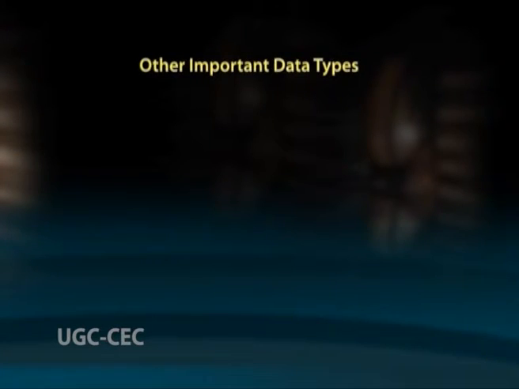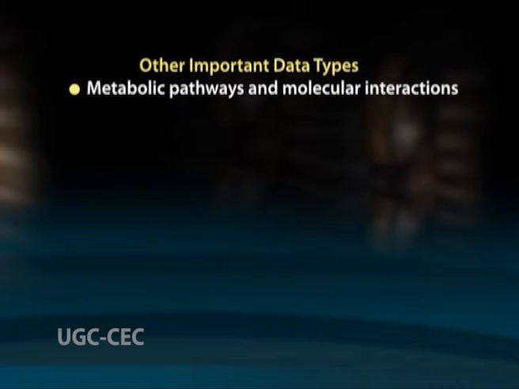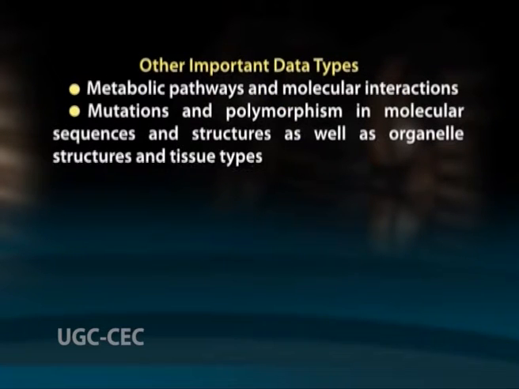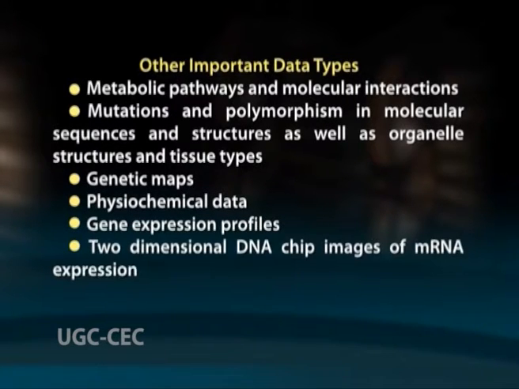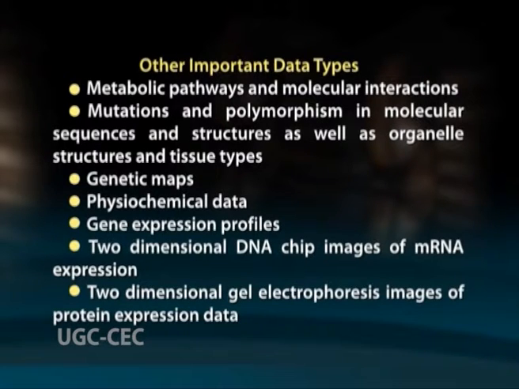Other important data types include metabolic pathways and molecular interactions, mutations and polymorphisms in molecular sequences and structures, as well as organelle structures and tissue types, genetic maps, physiochemical data, gene expression profiles, two-dimensional DNA chip images of mRNA expression, and two-dimensional gel electrophoresis images of protein expression data.